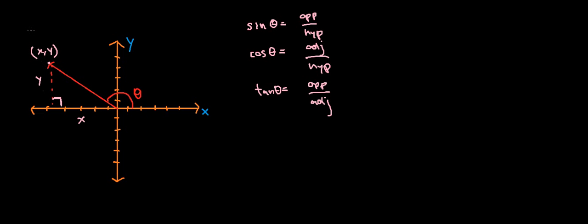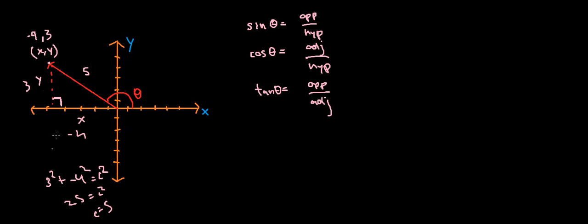If x is, say, -4 and y is 3, that means this is going to be -4 and this is going to be 3, and then the hypotenuse would be: 3 squared plus -4 squared is equal to c squared, 25 is equal to c squared, c is equal to 5. So that means this side will be 5.